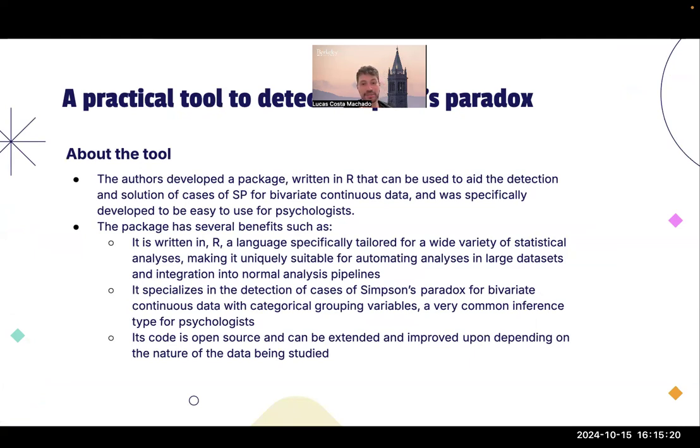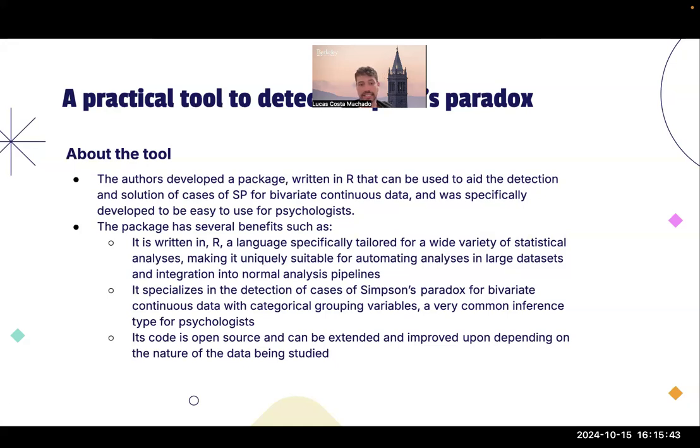It seems very robust and interesting. It's a tool they developed in R that can be used to detect Simpson's paradox cases in bivariate continuous data, and it was developed specifically to be easy to use for psychologists.